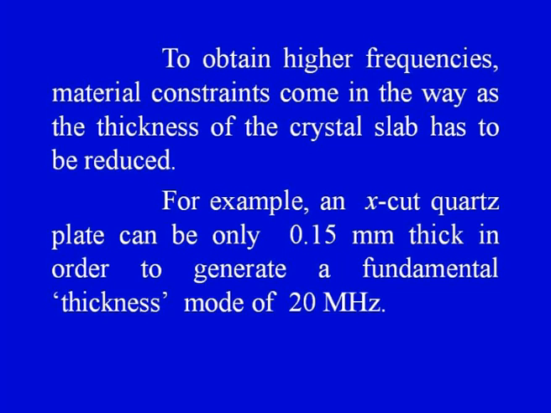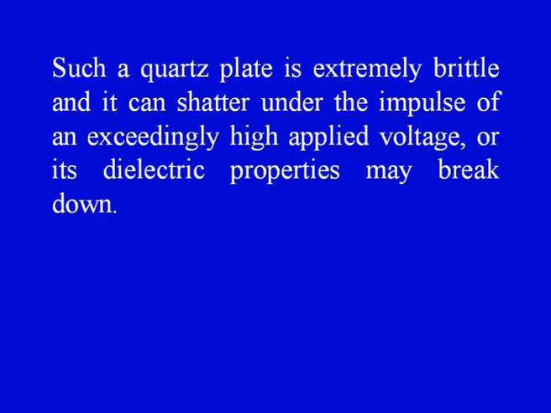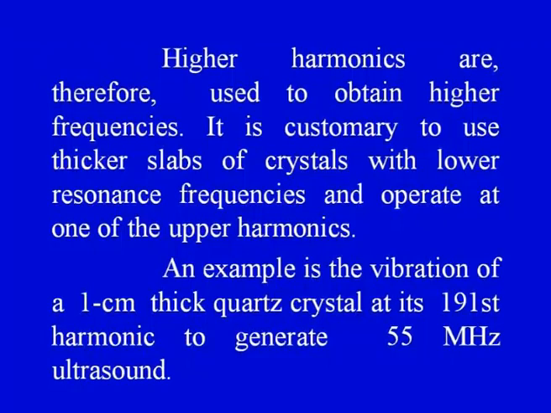For example, an X cut quartz plate can be only 0.15 millimeter thick in order to generate a fundamental thickness mode of 20 megahertz. Now, such a thin quartz plate is extremely brittle and it can shatter under the impulse of an exceedingly high applied voltage, or its dielectric properties may break down. So, something else has to be done. The thickness of the crystal just cannot be reduced.